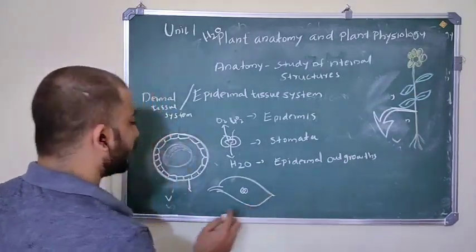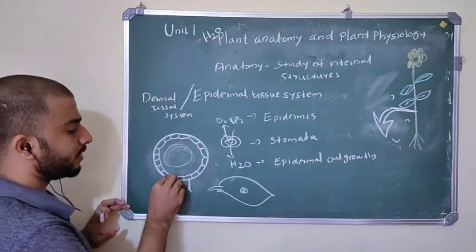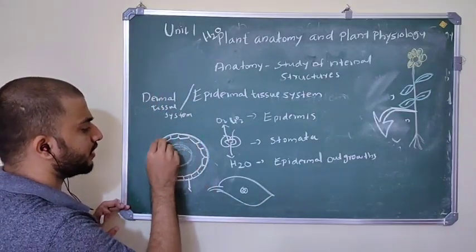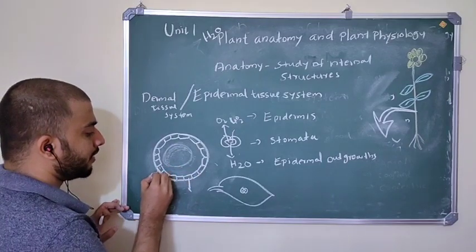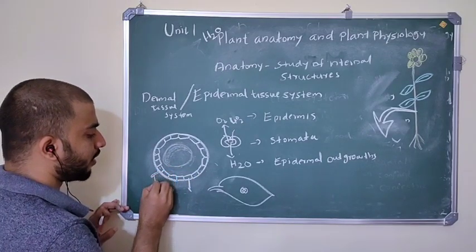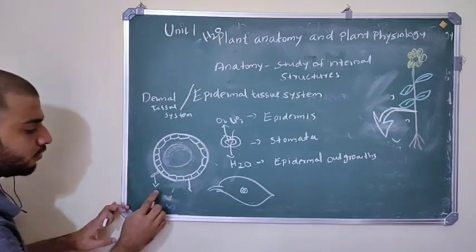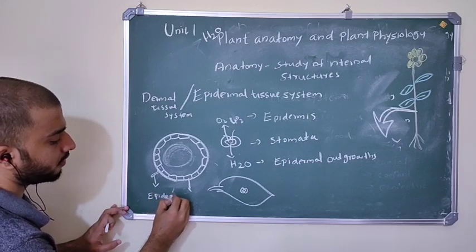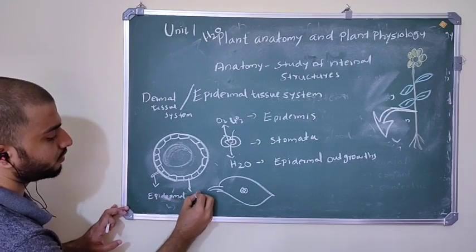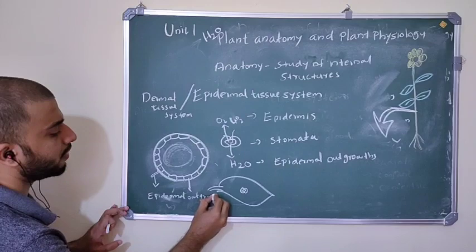Then epidermal outgrowths. I told you about epidermis, the outermost single layer of cells. They protect inner tissues. From the epidermal cells, some outgrowths are present. Those outgrowths are called epidermal outgrowths. An example of an epidermal outgrowth is root hair.